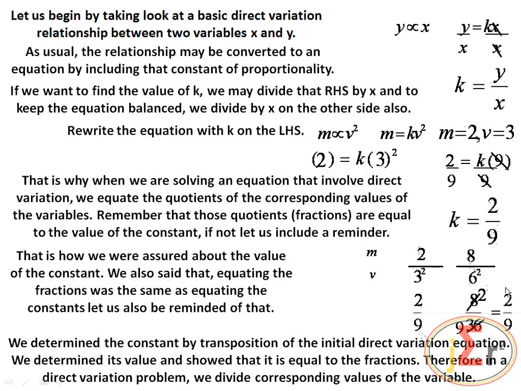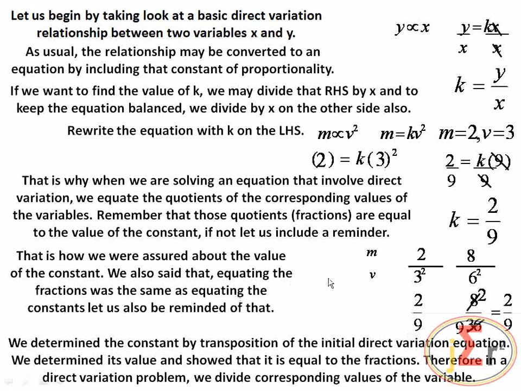And this one is also equal to 2 over 9. Therefore, that is the reason, because we are equating the value of the constants. And the constant is found by dividing one value by the other. That is why when we have a proportionate relationship that involves direct variation, we divide one value by the other.